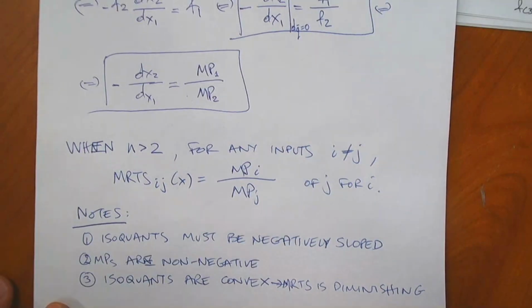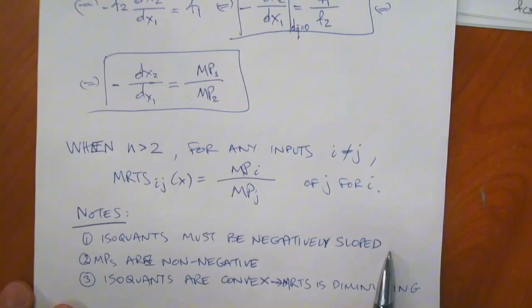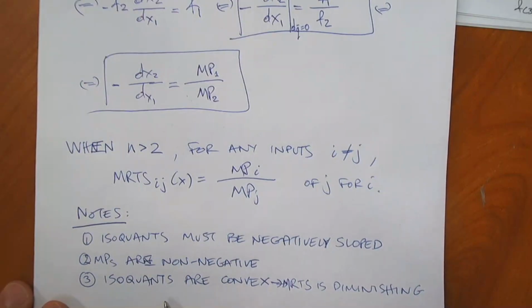And then the negative slope of the isoquants denotes that substitutability. That's the idea of non-negative marginal products, the convexity of the isoquants and the diminishing MRTS. That's something that we can explore a little bit further.